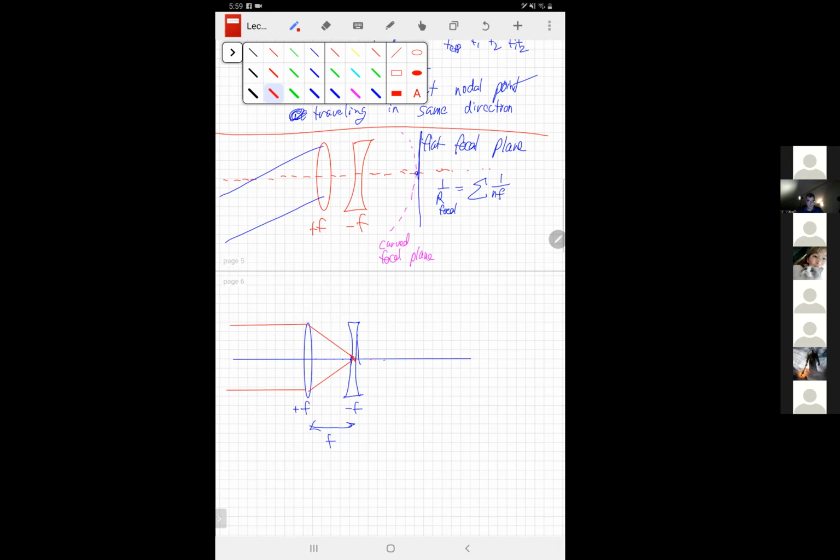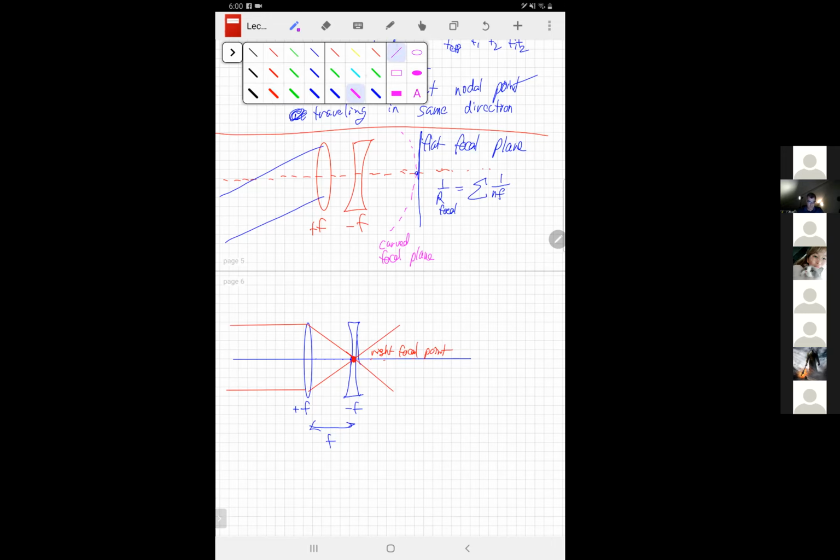What do they do when they come out? Don't overcomplicate it. Diverge. From that point. So look, here's our right focal point. And you're thinking, okay, is the right focal point always in the last lens?